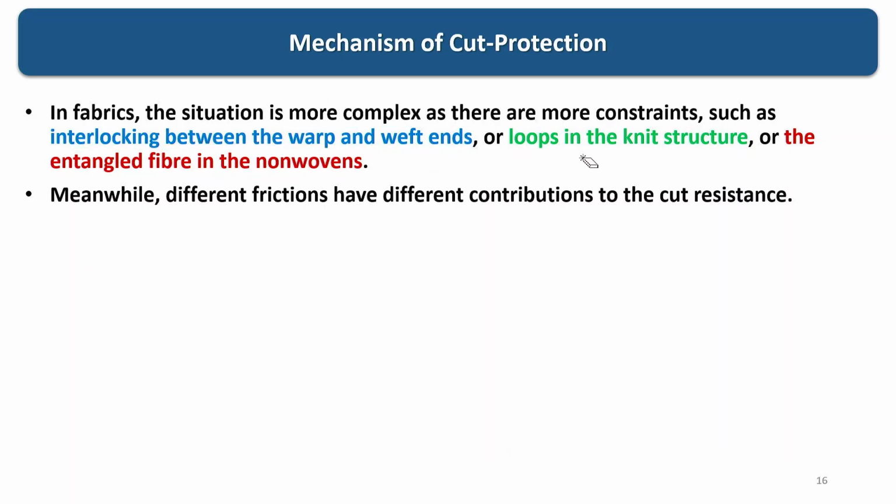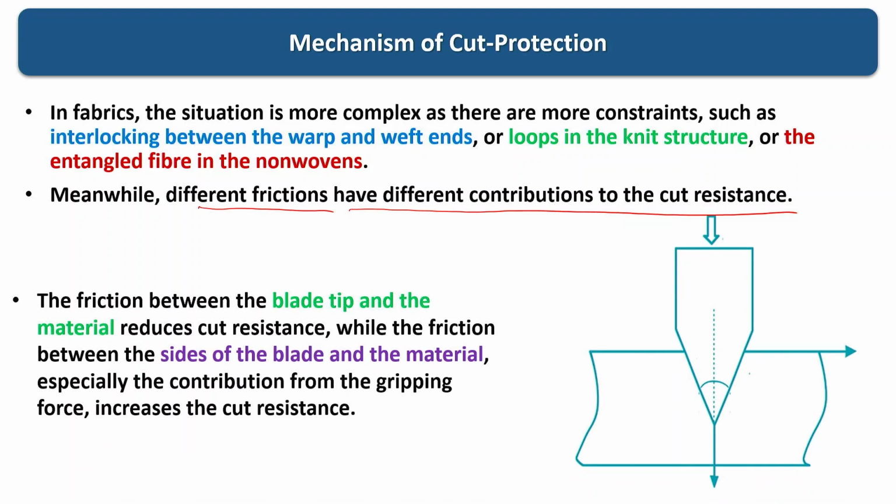In addition to that, the different frictions have different contributions to the cut resistance. So, we can change the friction of the material. The friction between blade tip and the material reduces the cut resistance. In textile material this is one issue, and the friction between material and the blade side is also important.